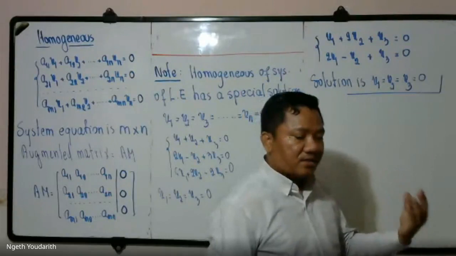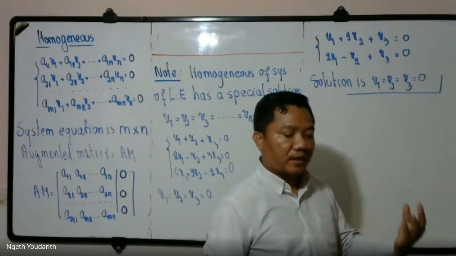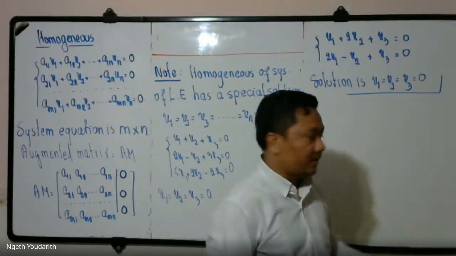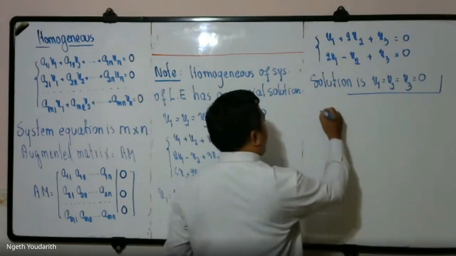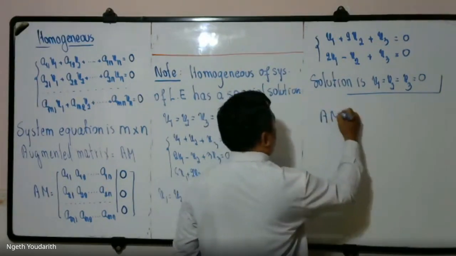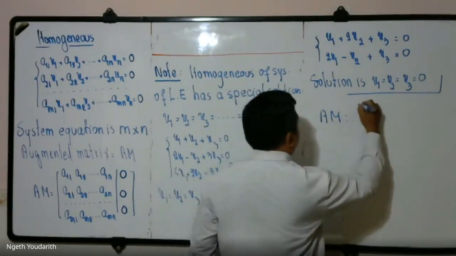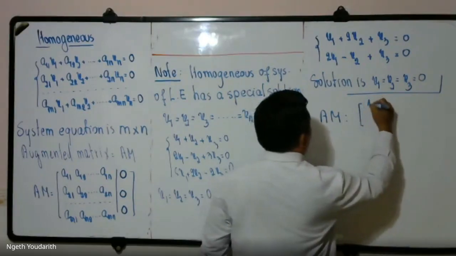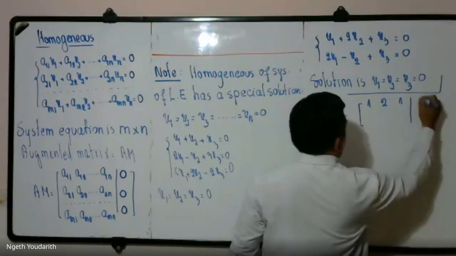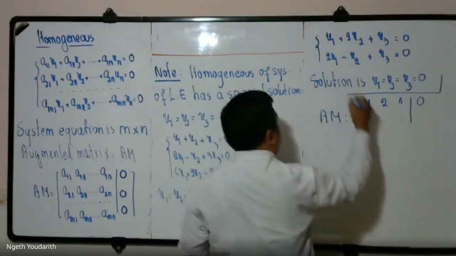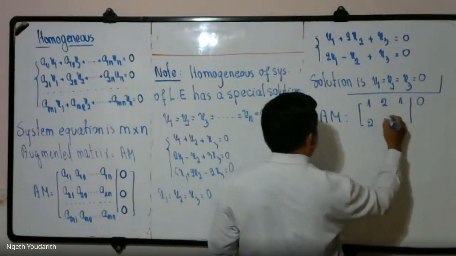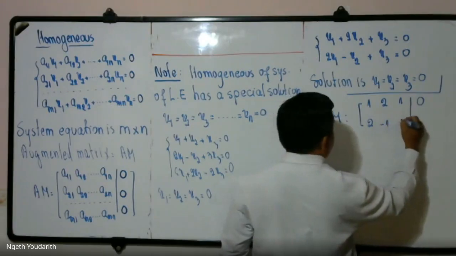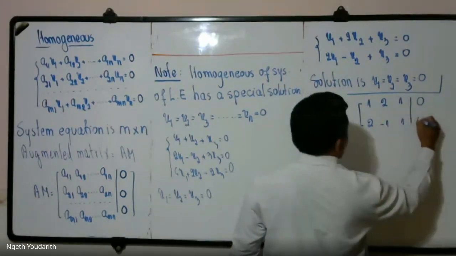Get only the constants, which you write in a rectangle or in parentheses. So we get the matrix: 1, 2, 1, and 0; and 2, minus 1, 1, and 0.